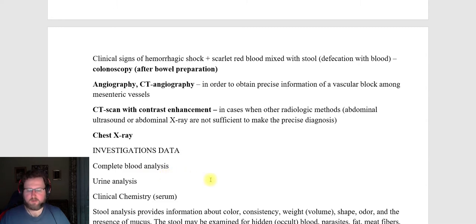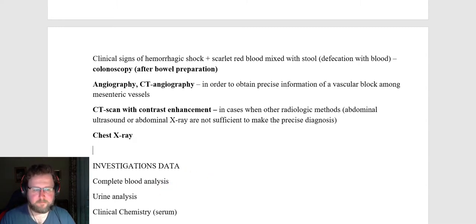Well, reason number one: probably, if he's a surgical patient, he will require some abdominal surgical procedure, and this patient will have to go under general anesthesia.